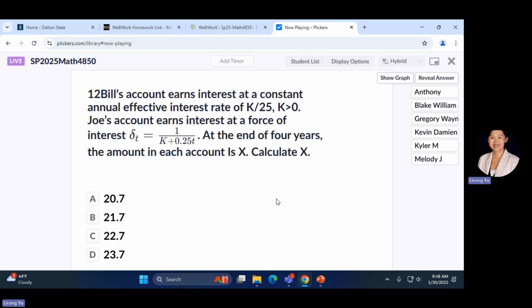The accumulation function is A(t). The annual effective interest rate is the value at 1 year, A(1). A(0) is 1. So your annual effective interest rate i should equal A(1) minus A(0), which is A(1) minus 1.